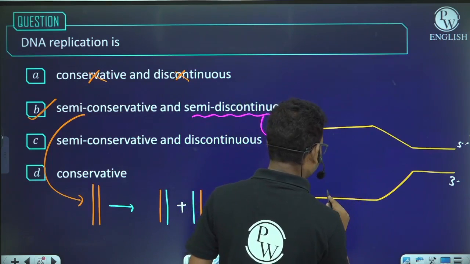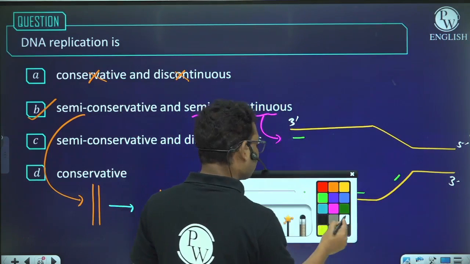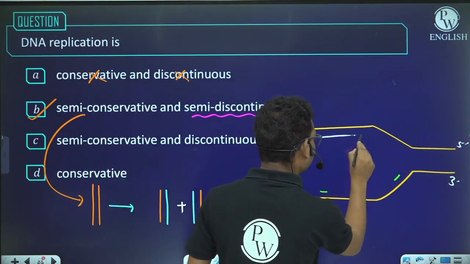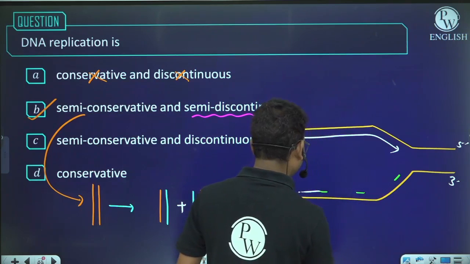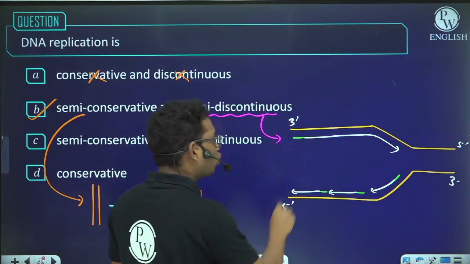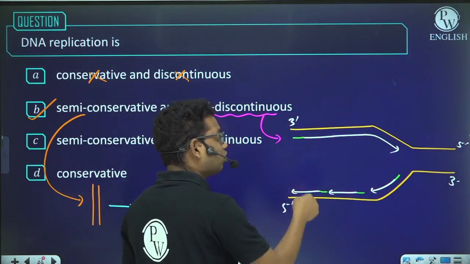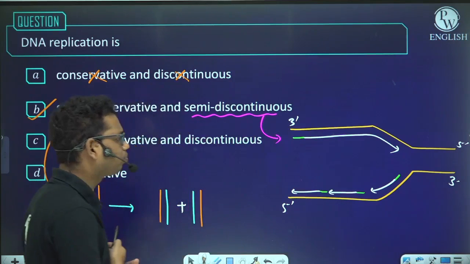Suppose these are the primers. In this case, this strand is synthesized continuously. So you can see one daughter strand is synthesized continuously and the other is synthesized discontinuously. That is why this is called semi-discontinuous.